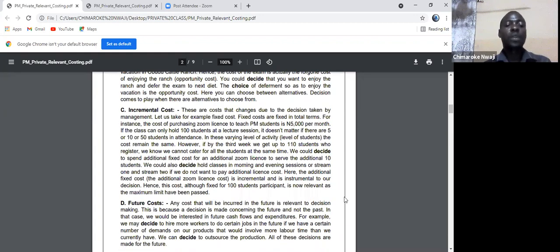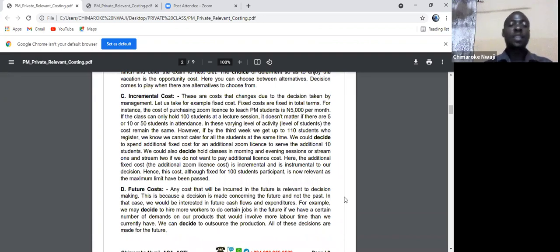Okay, so the next one is incremental costs. Incremental costs are those costs that change due to the decision taken by management. Let's take, for example, fixed costs.